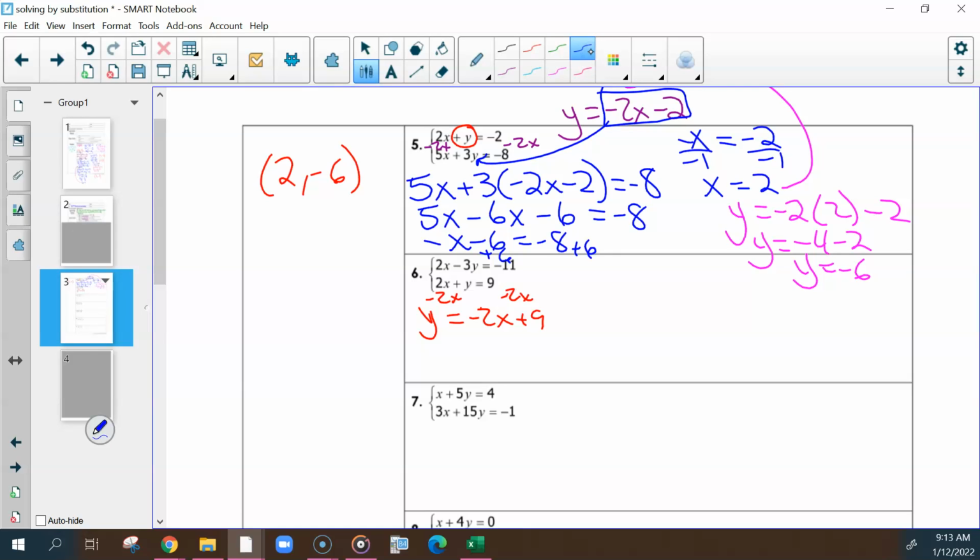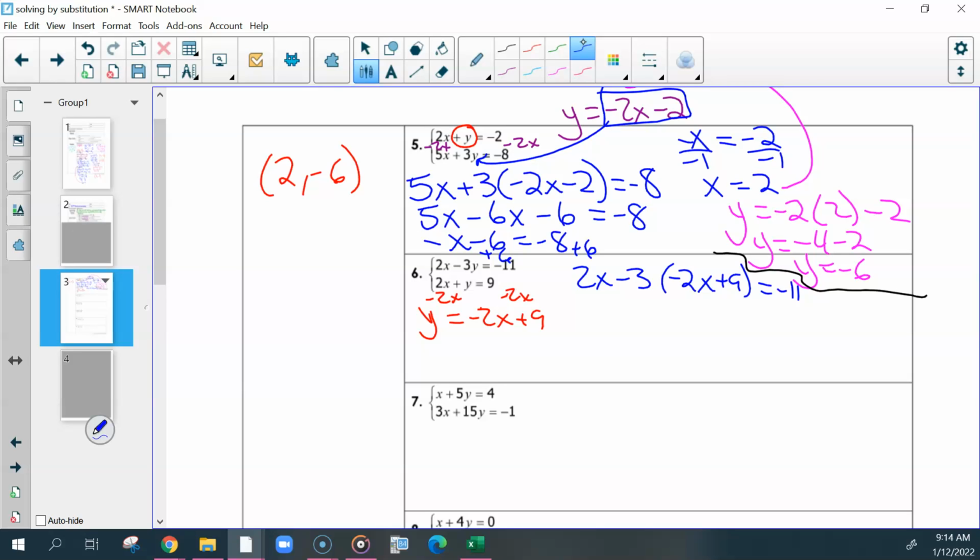You would put 2x minus 3 times negative 2x plus 9 equals negative 1. From there, what would I do?